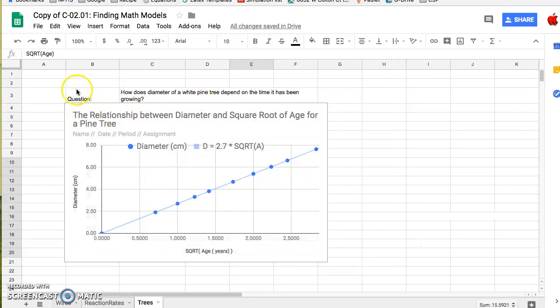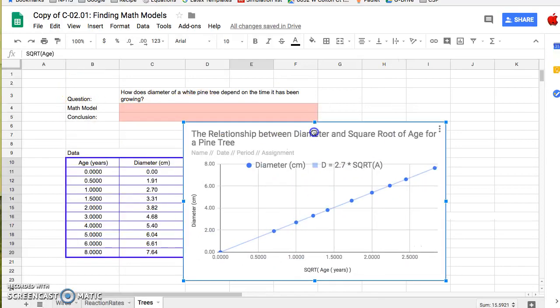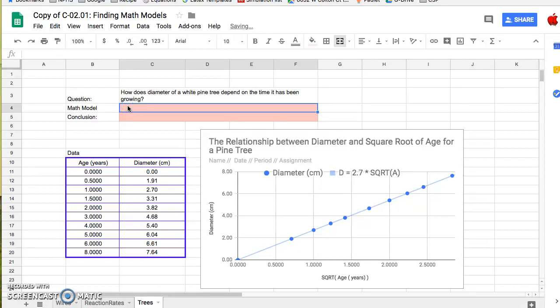It's all finished. The only thing we need to do is answer the questions. And so here my math model is that the diameter equals 2.7 times the square root of the age.